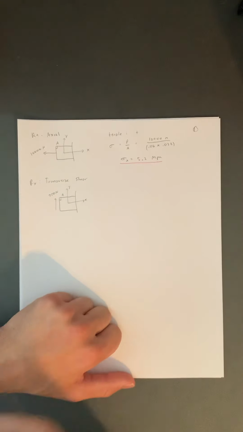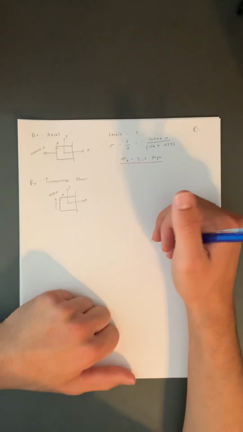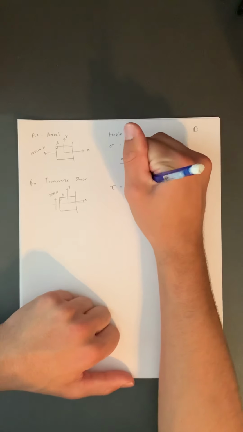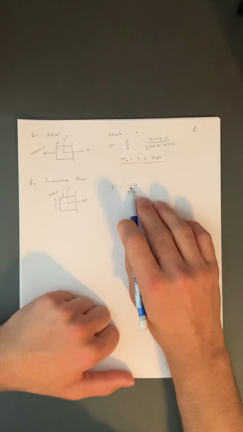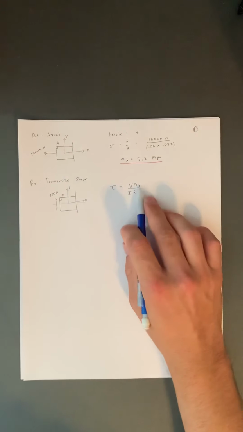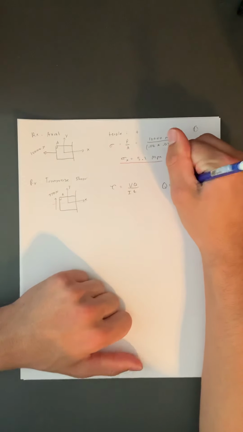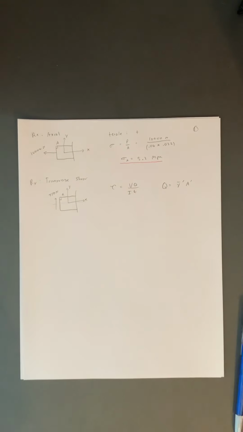Okay, so for transverse shear, we're going to look at the neutral axis, and transverse shear is equal to VQ over IT, where V is the shearing force. Q is going to be y hat prime A prime.